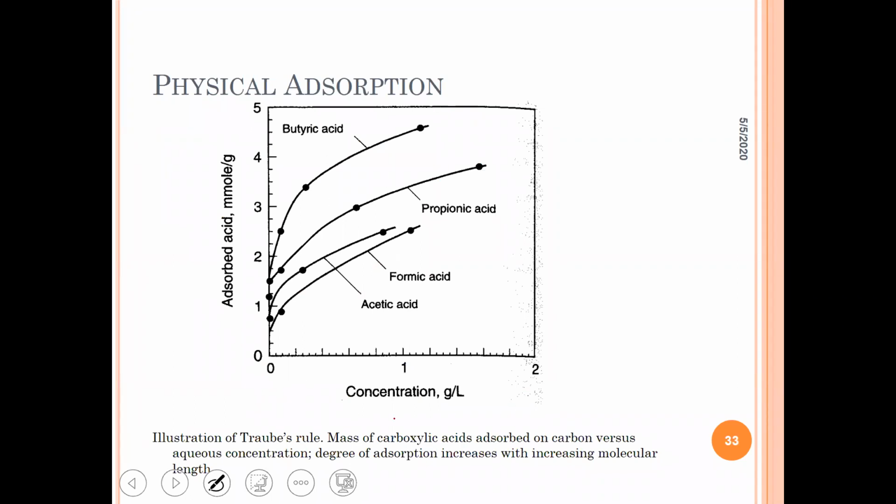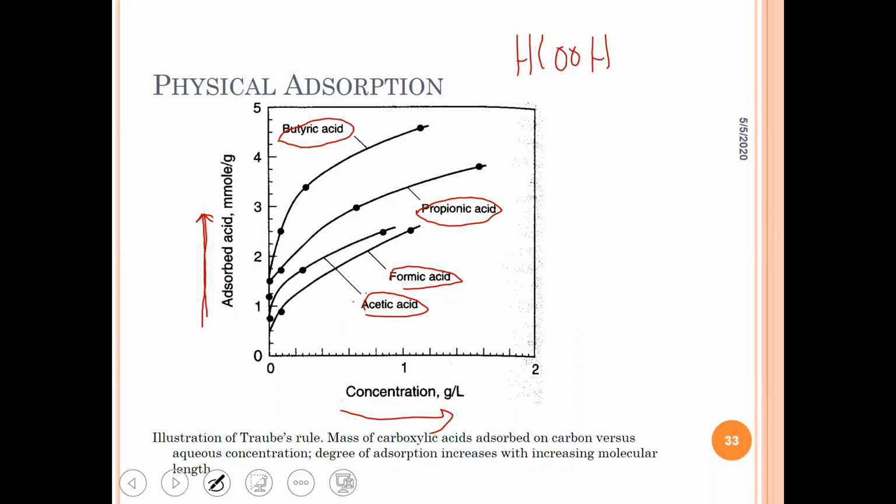If you see the concentration here and the adsorbed acid, if you increase the concentration and you see the adsorbed acid, the cases here are formic acid, acetic acid, propionic acid, and butyric acid. The formula of formic acid is HCOOH. This is formic acid.